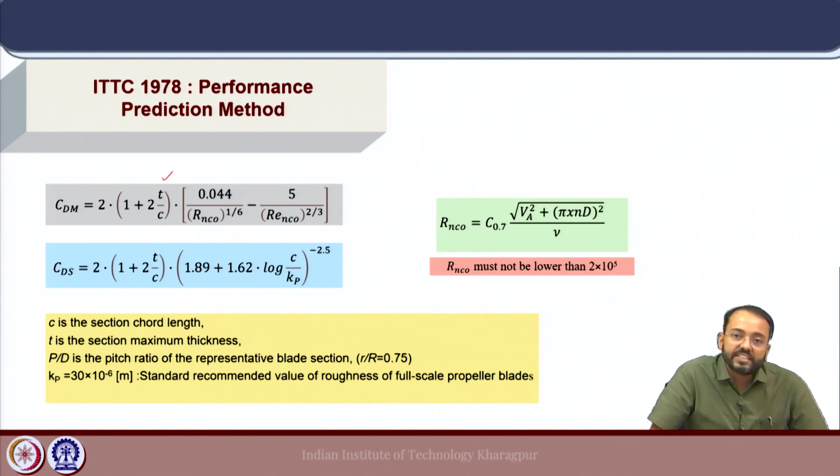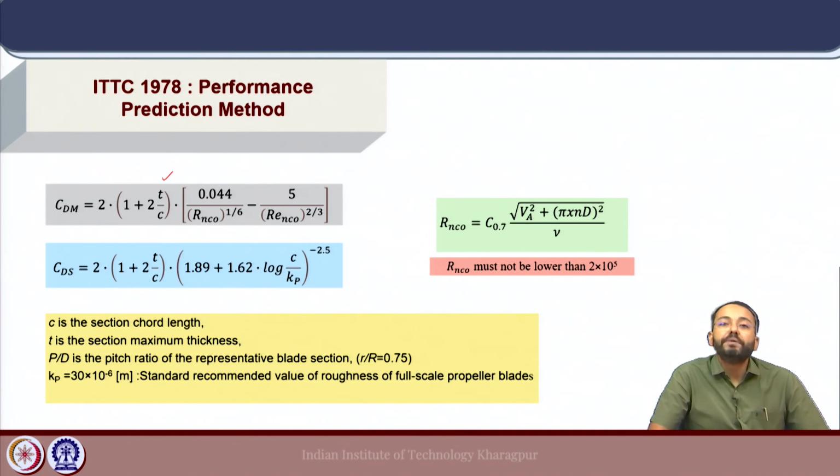As we have discussed earlier, the blade section at the radius R by R 0.7 or in this case 0.75 is called the characteristic section of the propeller blade, which is supposed to represent the properties of the entire propeller blade.